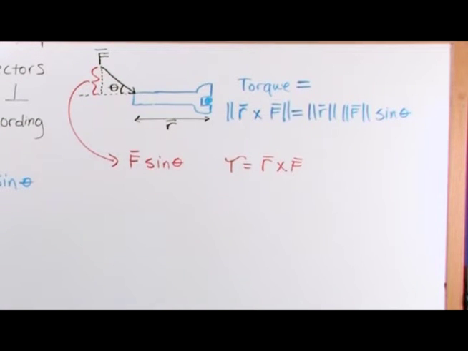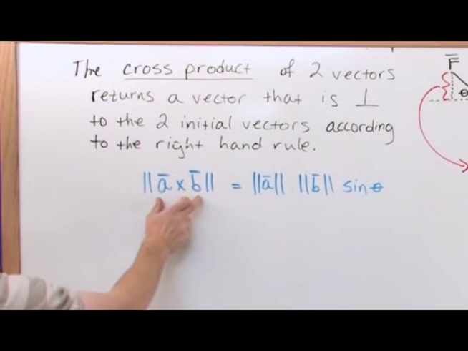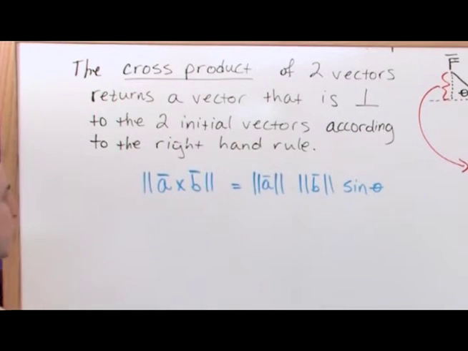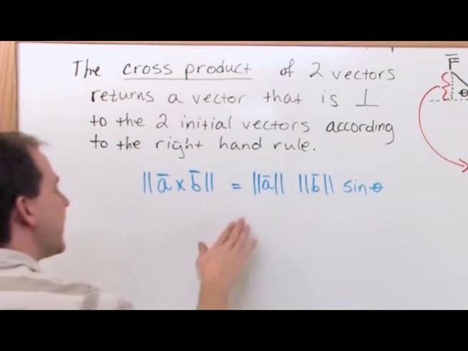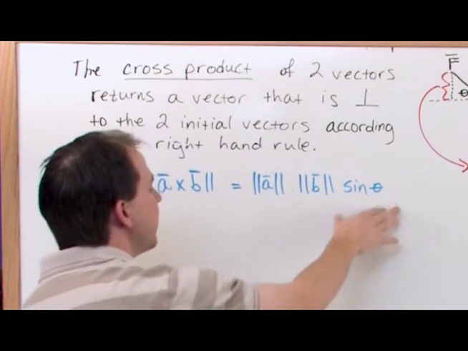Okay, now that we have an understanding of what we would use a cross product for, we've talked about how to get the magnitude of the crossed vectors, and the direction is just the right-hand rule. But that presupposes that you know what the angle between these vectors is.